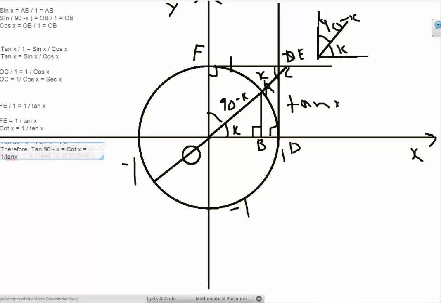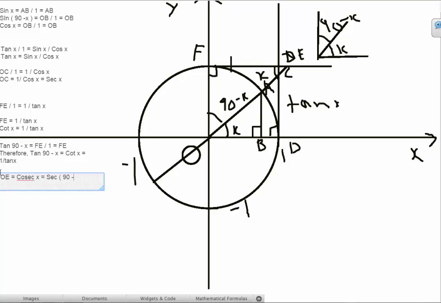Now, the last thing that we're going to prove is OE. OE is actually cosec x. So let's use the same logic. Let's say here OE is cosec x, which is sec of 90 minus x. Now, as we just found out, sec is simply the opposite of cos, because it's 1 over cos, right? As we proved here, 1 over cos.